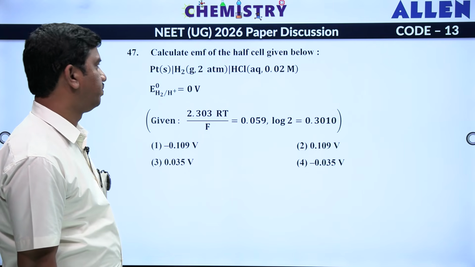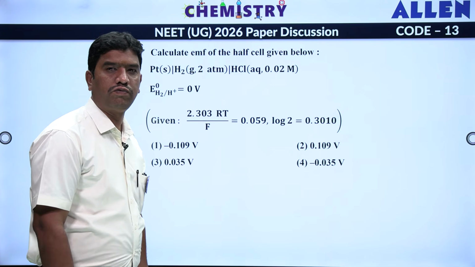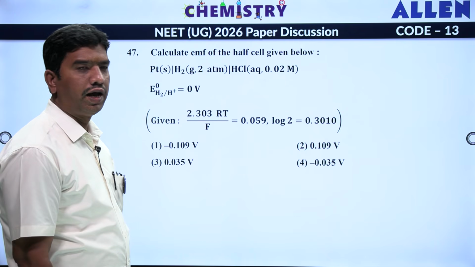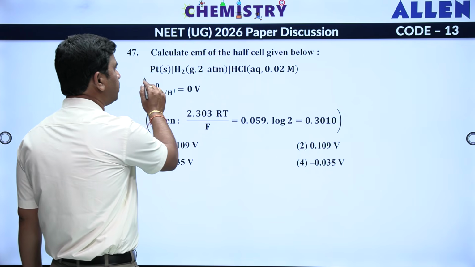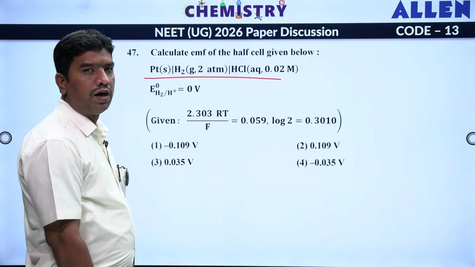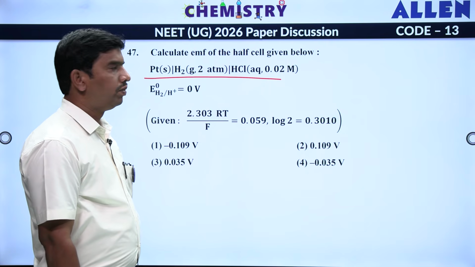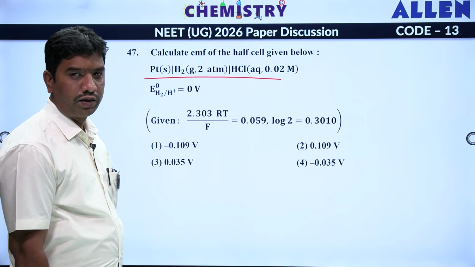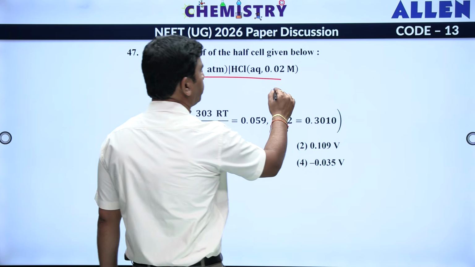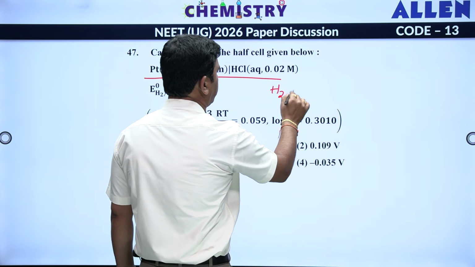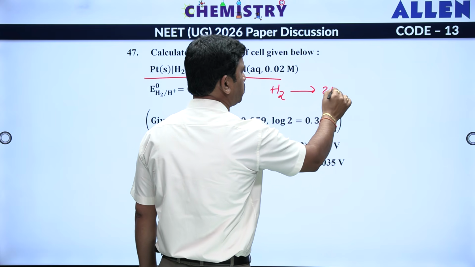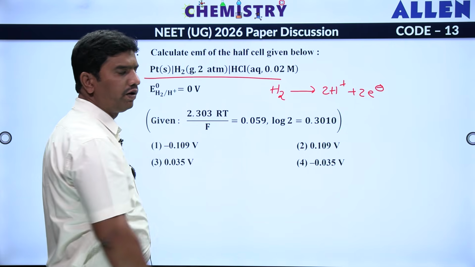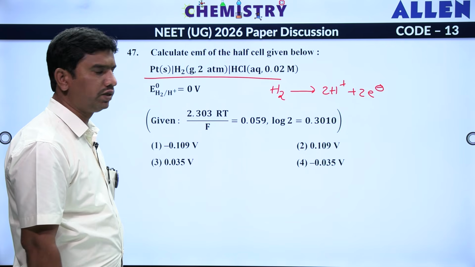Next, question number 47. This is a question from electrochemistry based on the Nernst equation, and they mention a platinum hydrogen electrode but with different concentration and pressure. H2 gives rise to 2H plus and 2 electrons, because this conversion is given for oxidation, consider it as oxidation only.